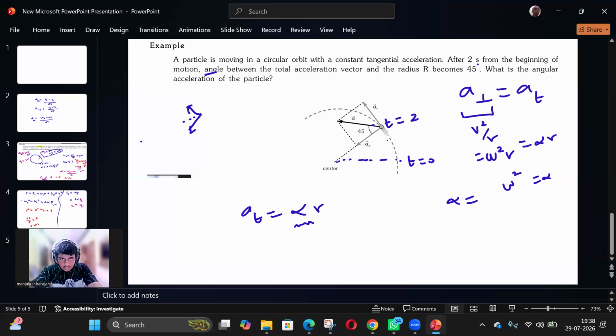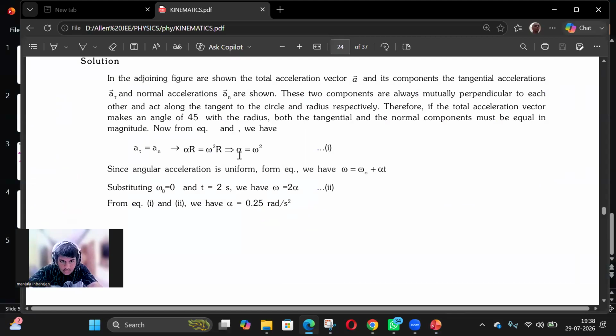So in terms of that angular acceleration, alpha equals omega square. Okay, 0.5 radians per second, angular acceleration to calculate.